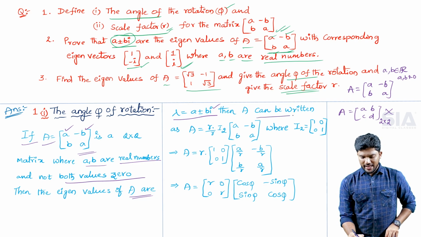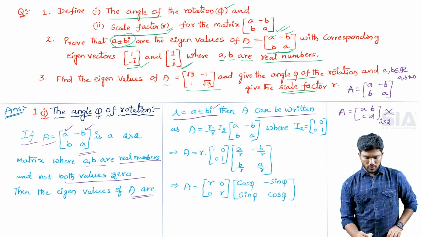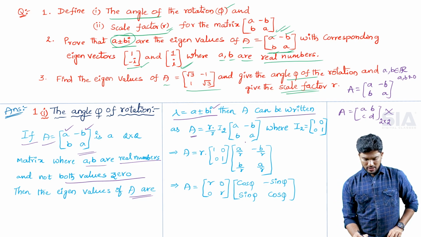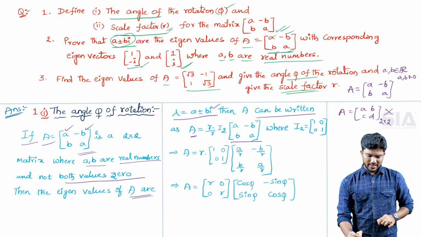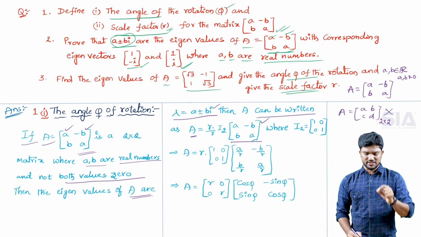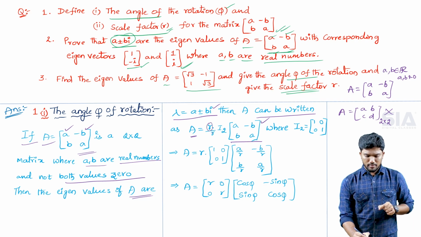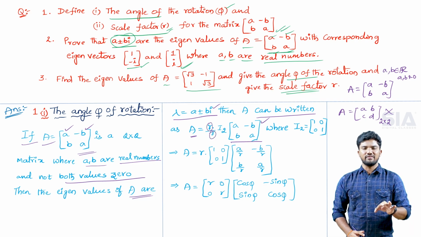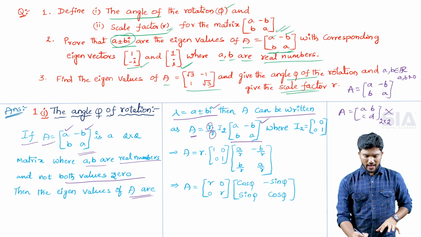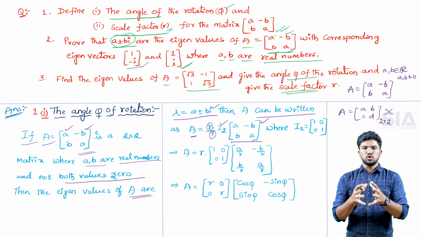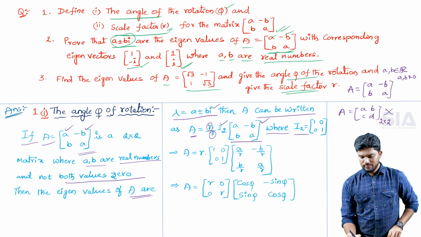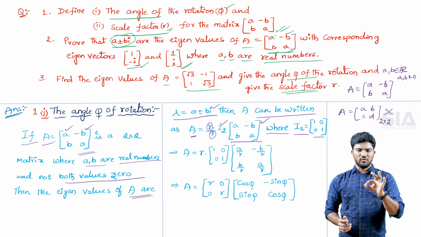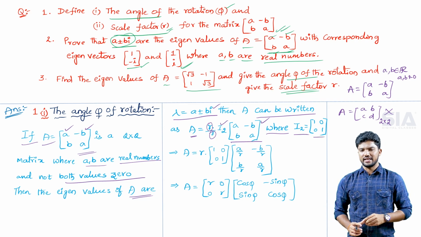Then capital A can be written in this format: [a, -b; b, a]. That is the original value. For that original value, we are multiplying and dividing with the scale factor small r, and also with the 2 by 2 identity matrix. You can see here clearly where capital I2 = [1, 0; 0, 1] is the 2 by 2 identity matrix.